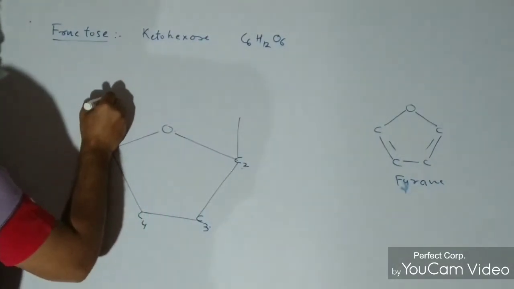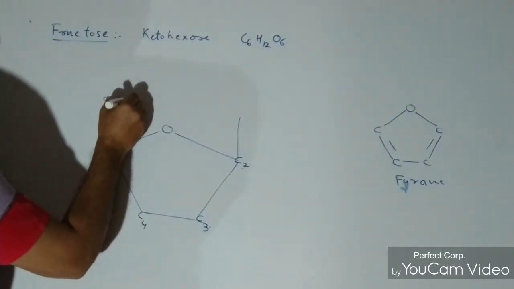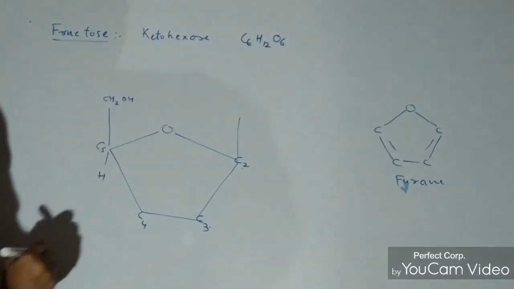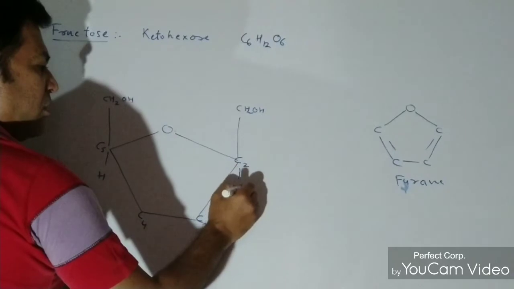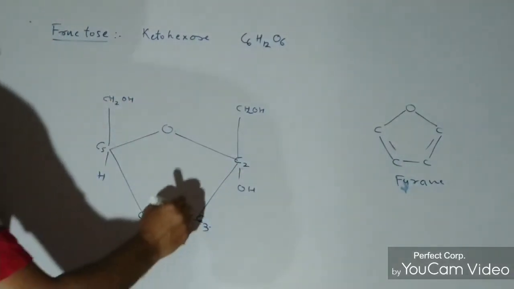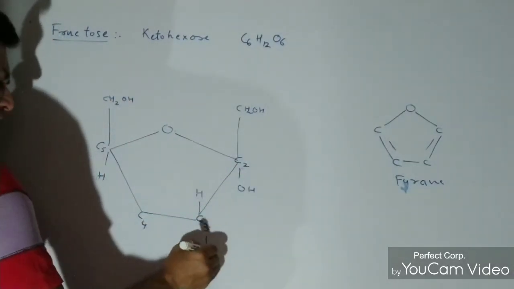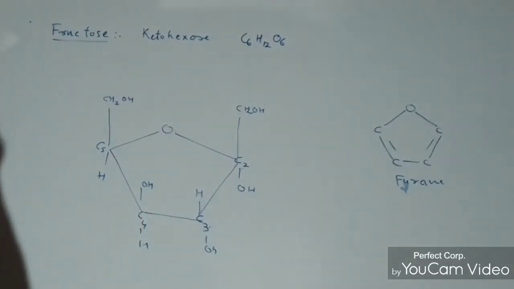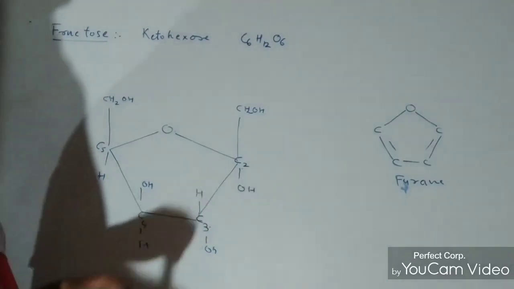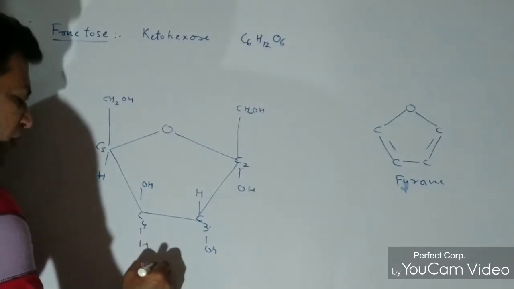So this is carbon number 6, CH2OH, below it H. Here also CH2OH, below it OH. Rest of all same, OH, OH, H. So this is the structure of fructose, and as OH is down, it is alpha fructose.